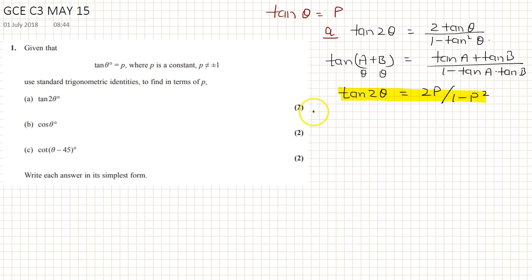Part B. Cos theta. Whenever you have tan theta or cos theta or sin theta, if any value is given and you have to find the remaining two, the best way is to use a right angle triangle.